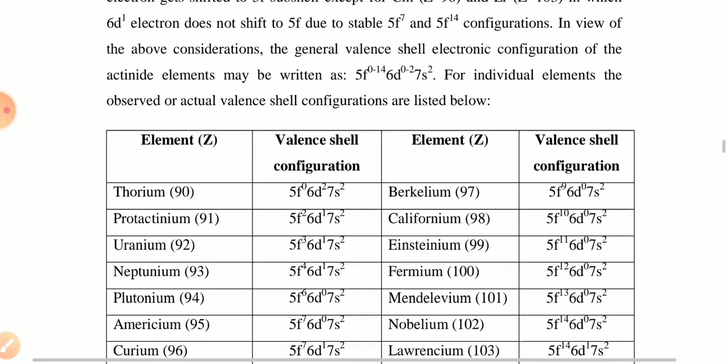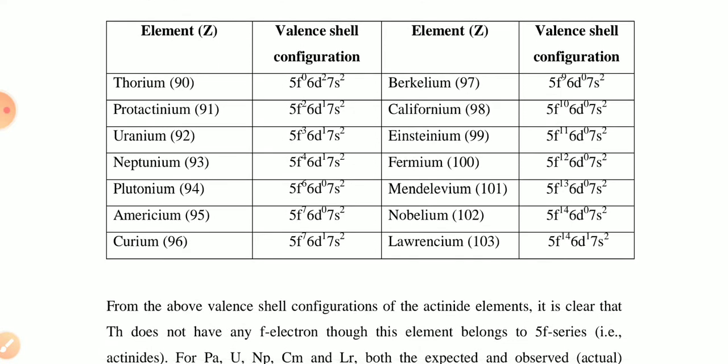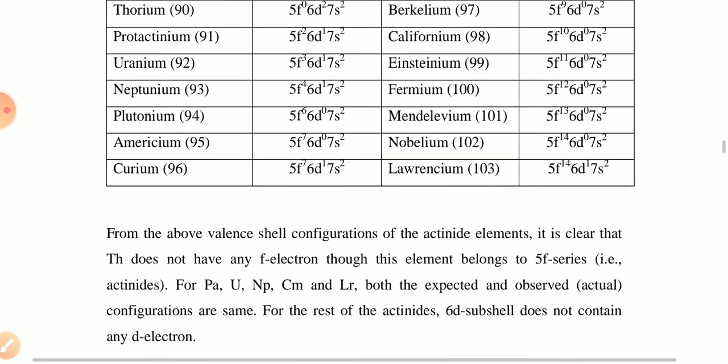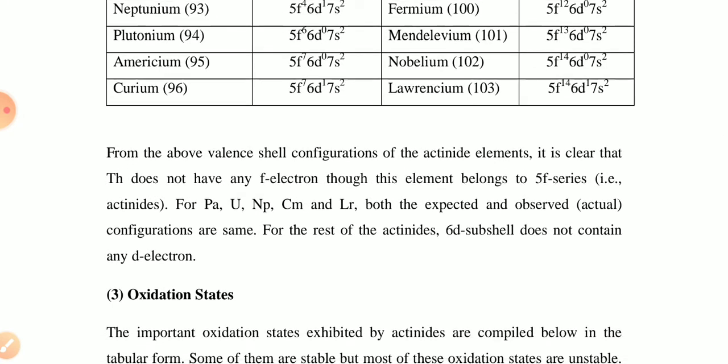These are the elements present in the actinide series from atomic number 90 to 103: thorium, protactinium, uranium, neptunium, plutonium, americium, curium, and so on. These are the 14 elements present in the actinides.